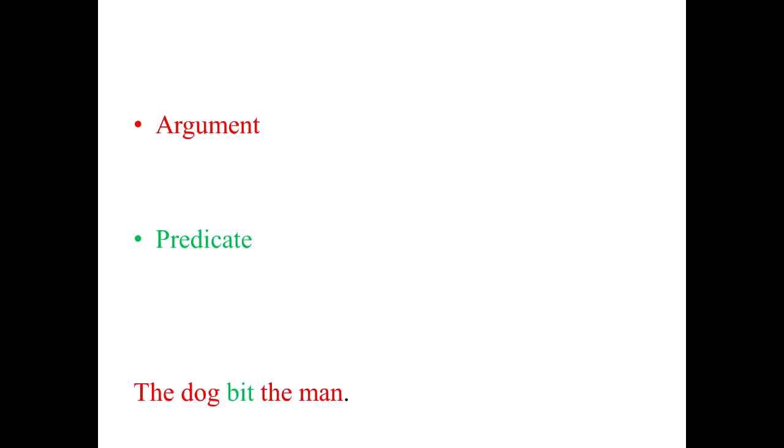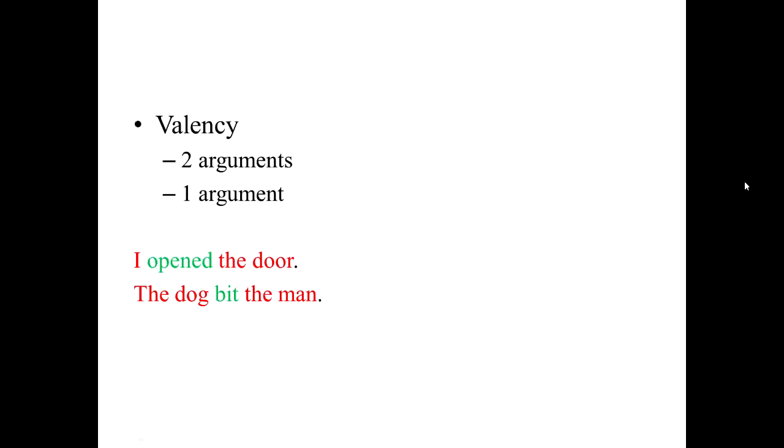Now, if you are comfortable with the concept of argument and predicate, let us advance to the next concept, the concept of valency. Valency specifies how many arguments are required to appear with a certain predicate. There are predicates that require two arguments to appear with them, and there are predicates that require only one argument.